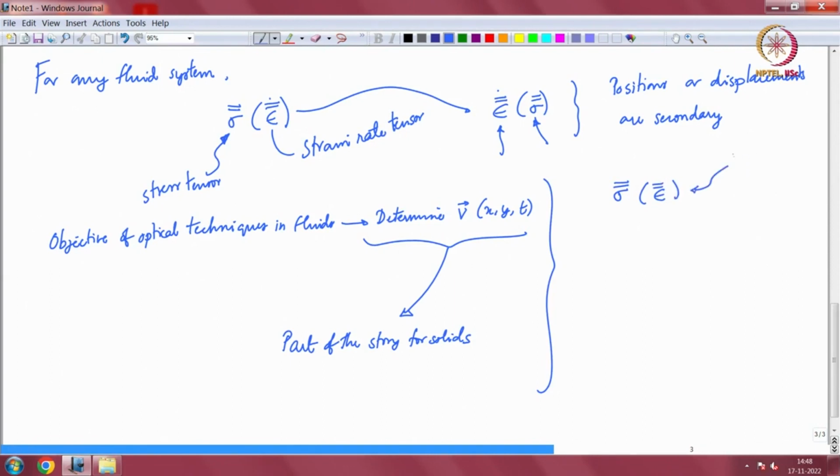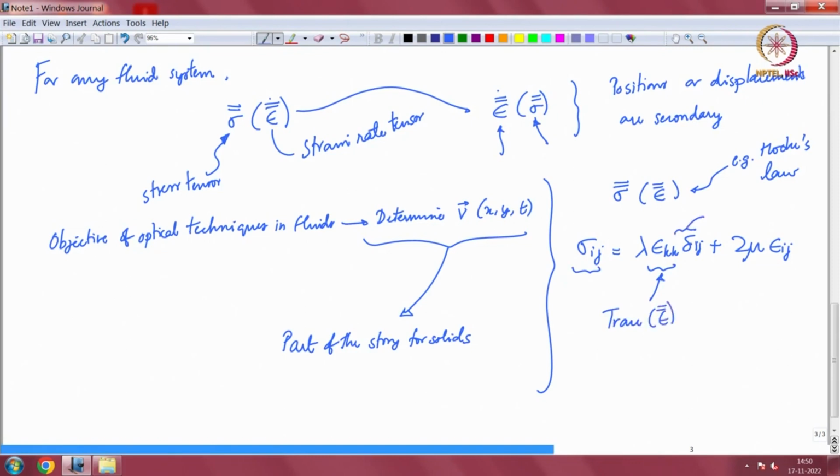So this is, for example, a very well known example of this is Hooke's law, which you have probably seen before, where in Hooke's law you know that the stress tensor sigma with indices i j is related to the strain tensor, right, and this of course is the trace of the strain tensor, and this is the Kronecker delta function.